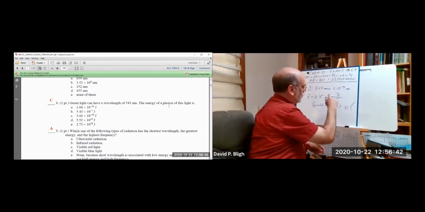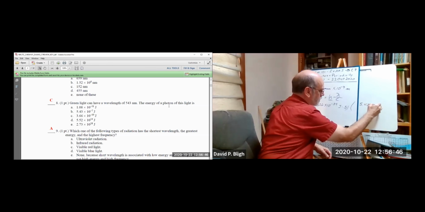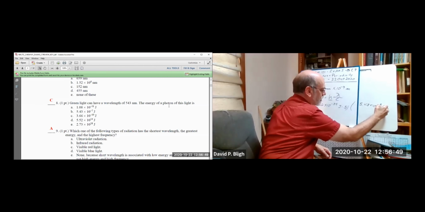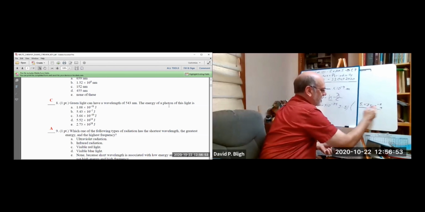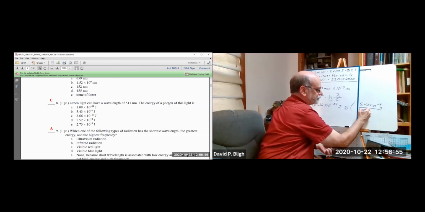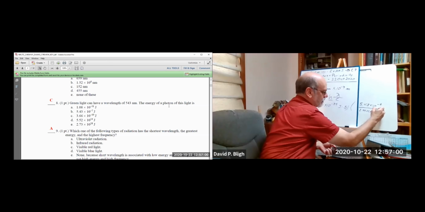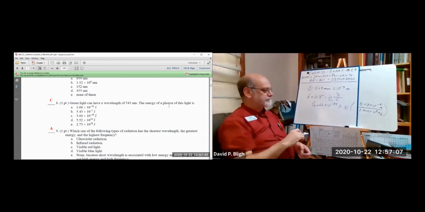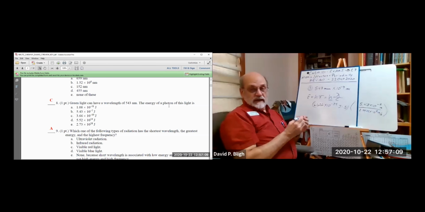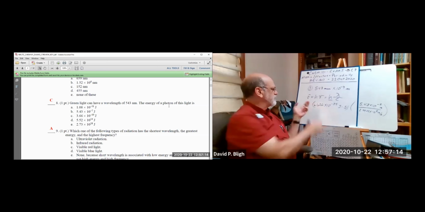And then you would have wavelength. Notice I changed it to scientific notation. And that would be divided by the speed of light in meters per second. Okay? And you get your energy in joules. And in this case, it's C.